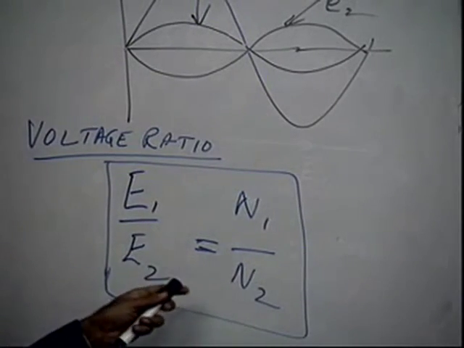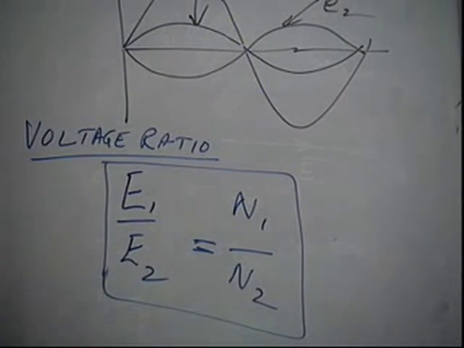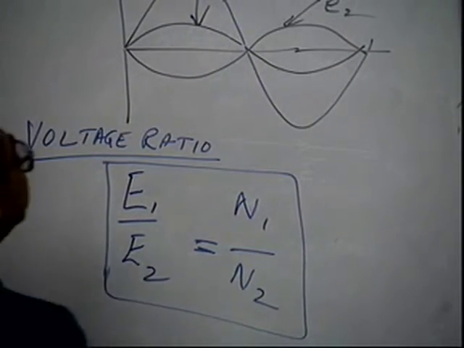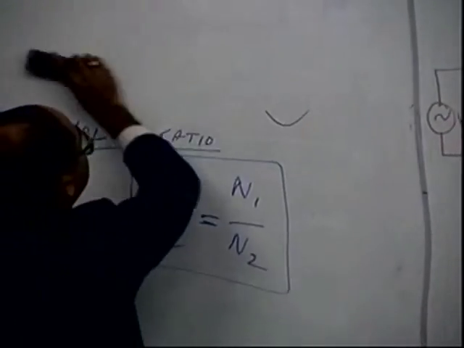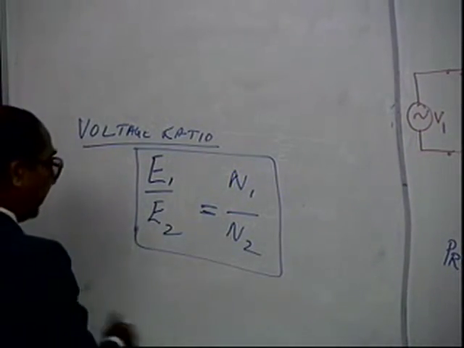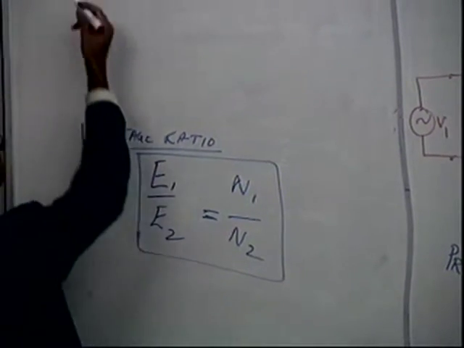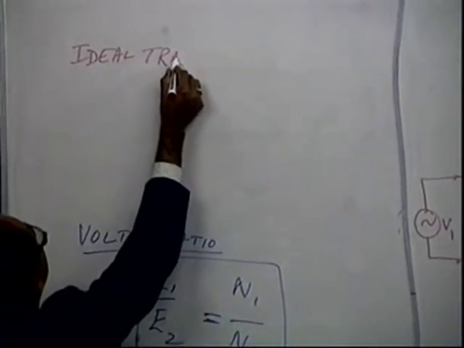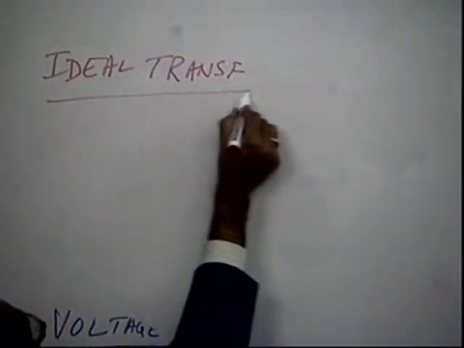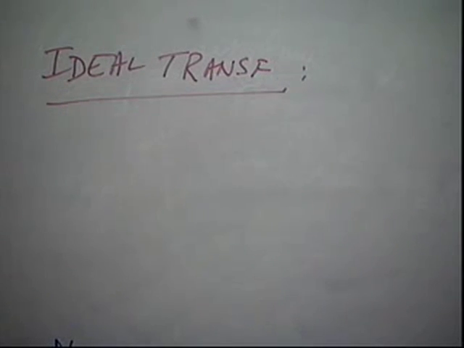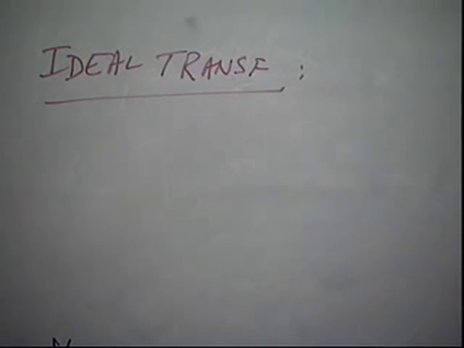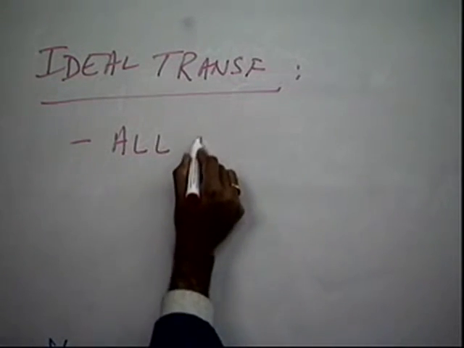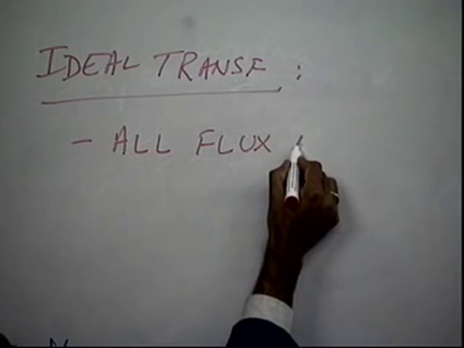So much so good. Okay. Now, in an ideal transformer, let us take an ideal transformer. Ideal transformer, I mean all the flux is linking only the core, all flux in core, no leakage flux, no fringing.